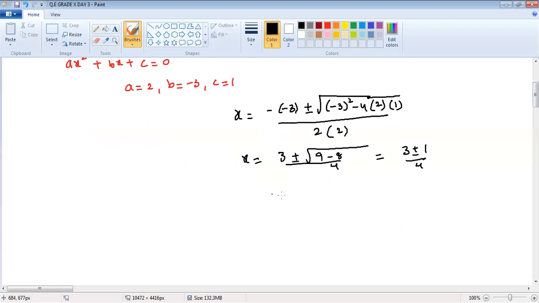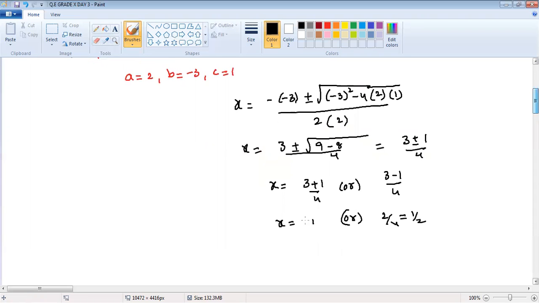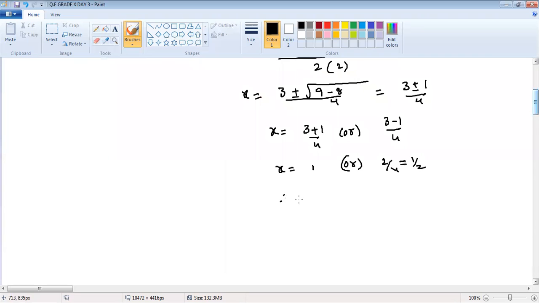One case is 3 plus 1 by 4, which is 4 by 4, that is 1. Another case is 3 minus 1 by 4, which is 2 by 4, nothing but 1 by 2. So the values of x are 1 or 1 by 2.